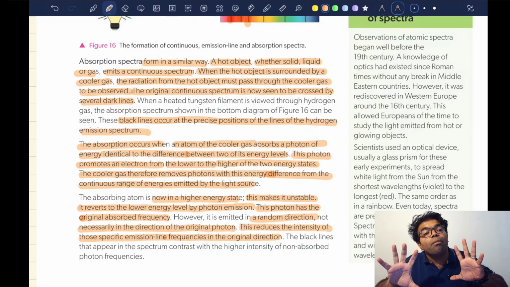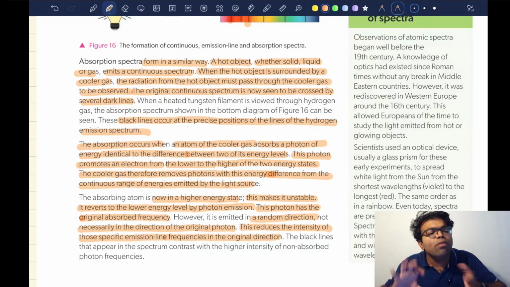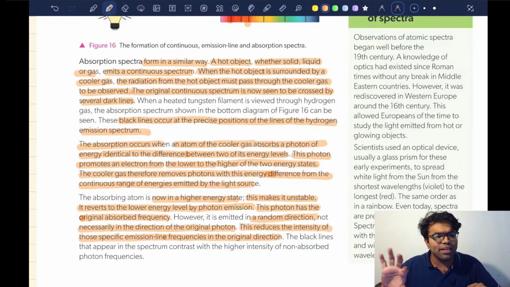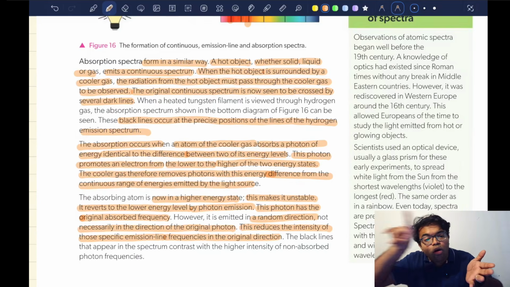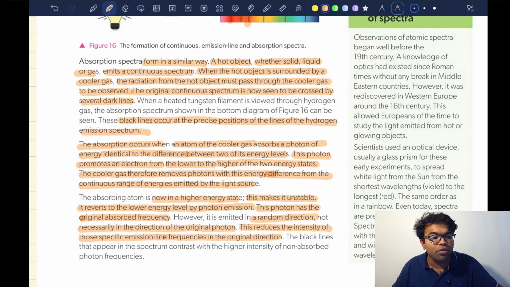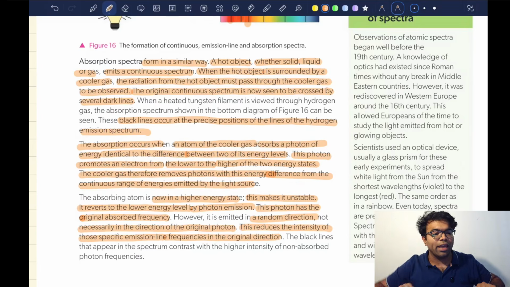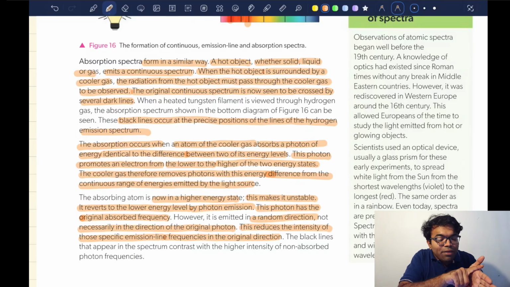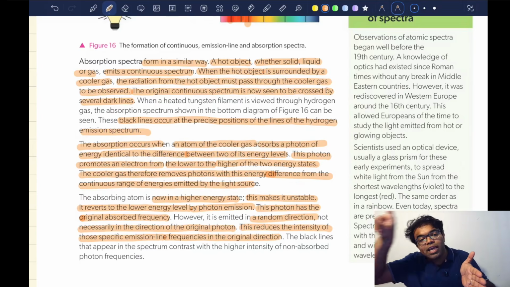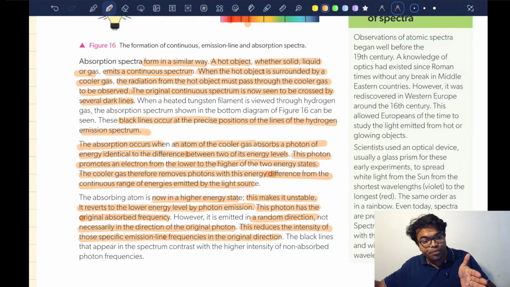But majority of the time, what will you do? You will throw the ball in a random direction because you're not interested in making the ball go behind you. Therefore, instead of 10 balls going past you, only 7 balls are going past you. 3 balls you caught and you threw them in a random direction like this. So only 7 out of the 10 balls were actually able to cross you.